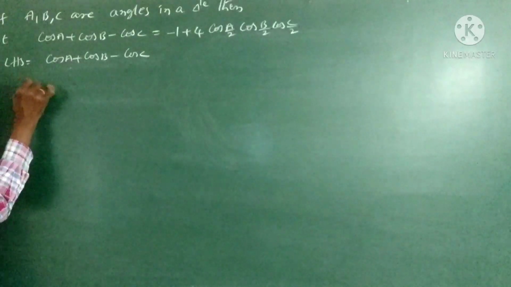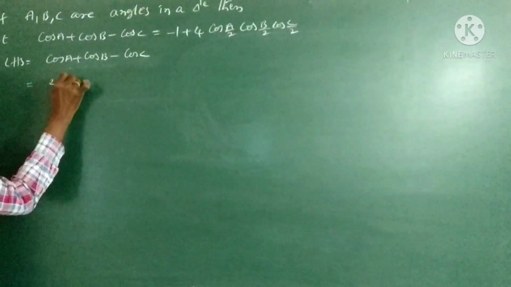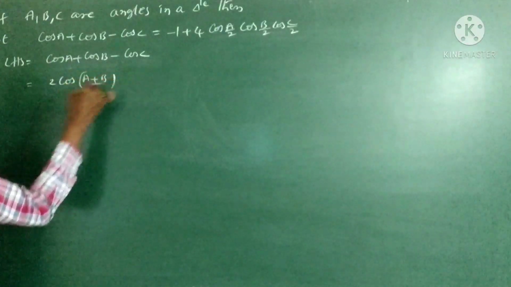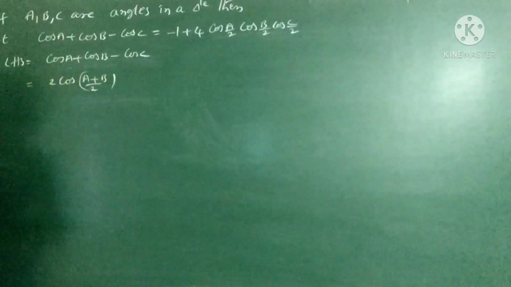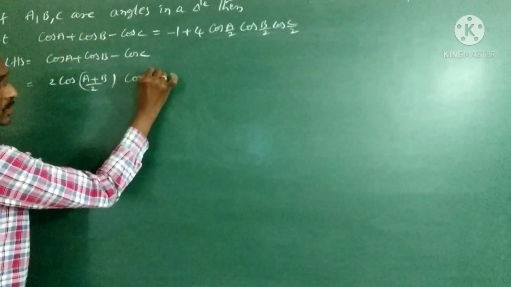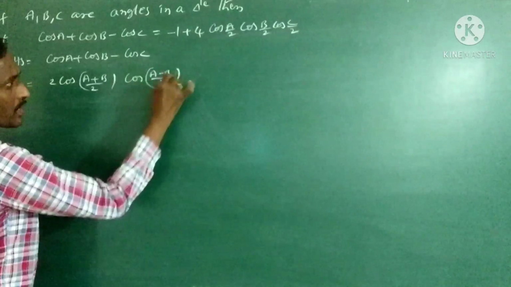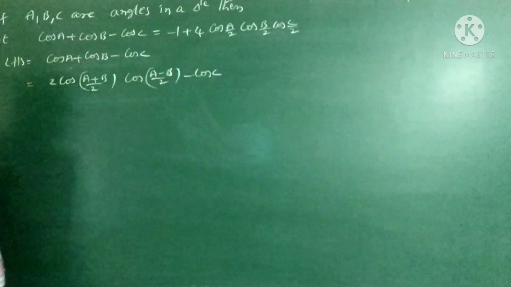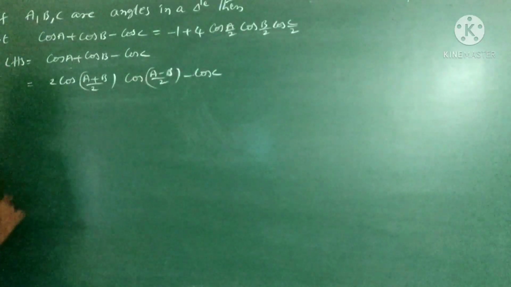So what is the cos C plus cos D formula? 2 cos (C plus D) by 2 into cos (C minus D) by 2, where C becomes A and D becomes B. Write the function as it is. So that is step 1.